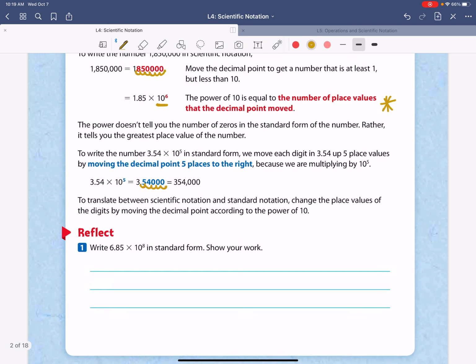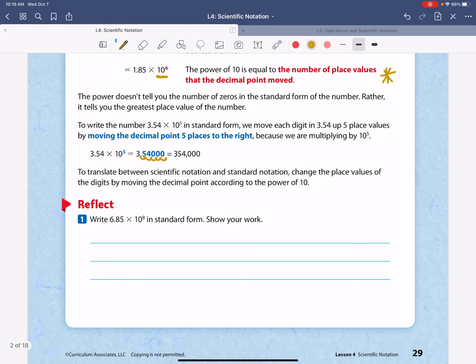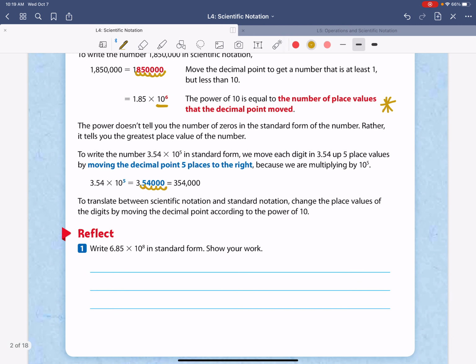So the reflect question says write 6.85 times 10 to the 8th power in standard form. So just like we learned up here, you're going to write your number and then move the decimal as many places as your exponent tells you.